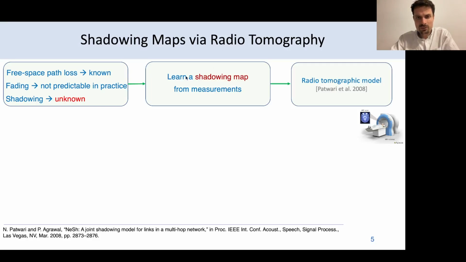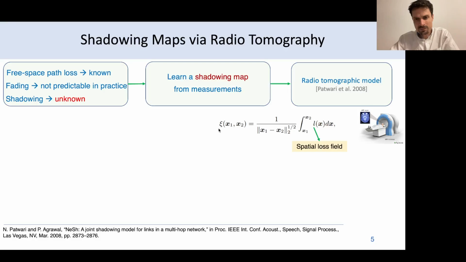So how to learn shadowing maps from measurements? The standard approach is to apply what's called the radiotomographic model, which was proposed in this work here, and that is inspired by tomographic imaging used in medical applications, for example.